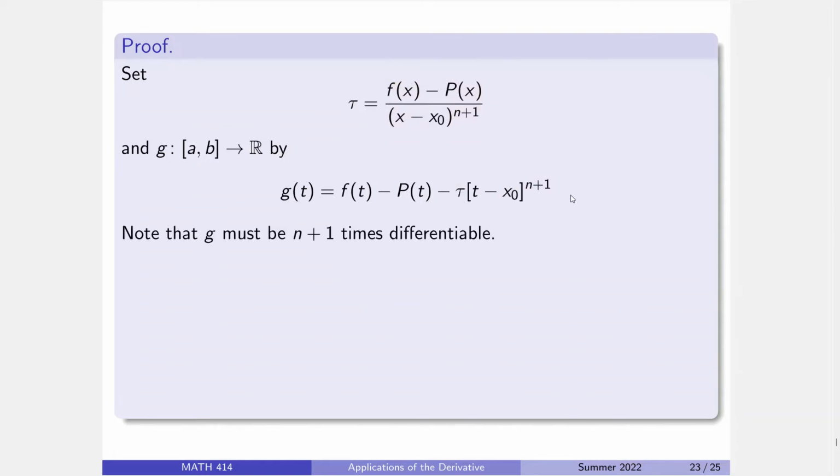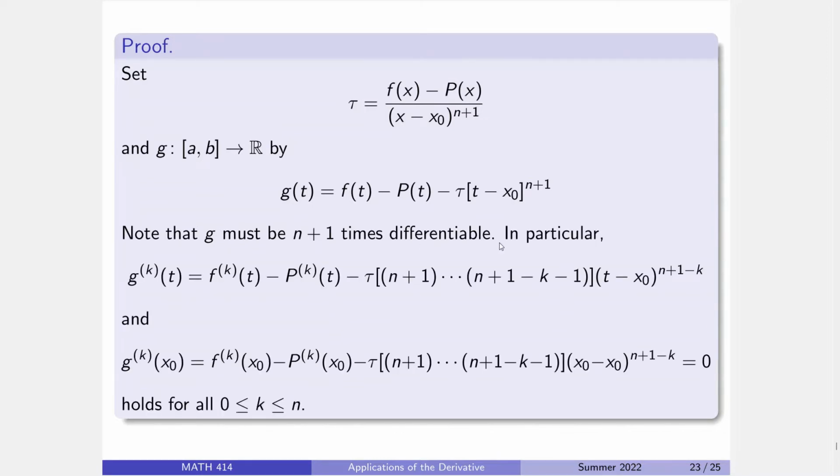Right, so again, note this has to be n plus 1 times differentiable, and its kth derivative would equal this, so you would take k derivatives of this, k derivatives of that, and tau, note, is a constant, right? X and x naught are fixed, t is our variable here, so tau goes for the ride.